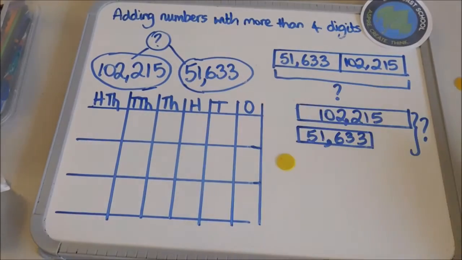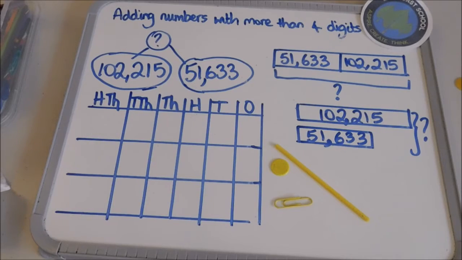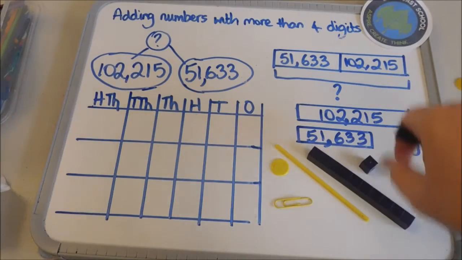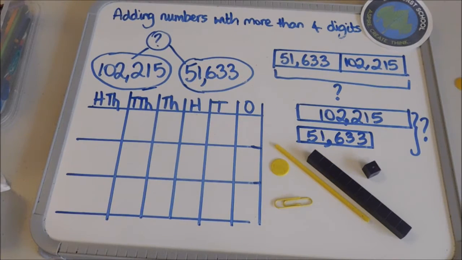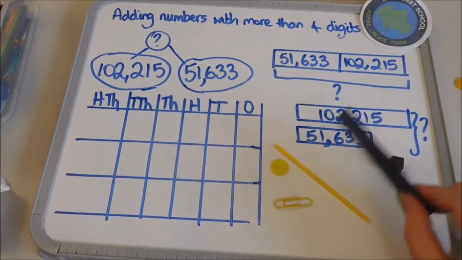You can use counters, you can use paper clips, you can use sticks. If you are fortunate, you might have Deans that you can use, and this is what we use in school. So if you hear your children talking about Deans or base 10 equipment, then this is what we're looking at.